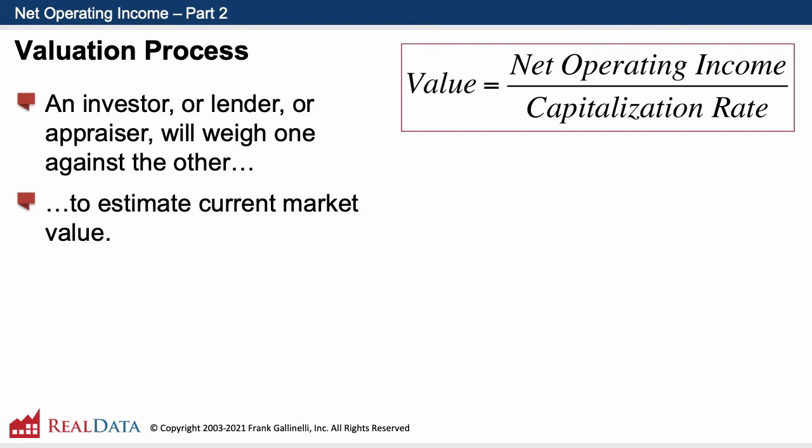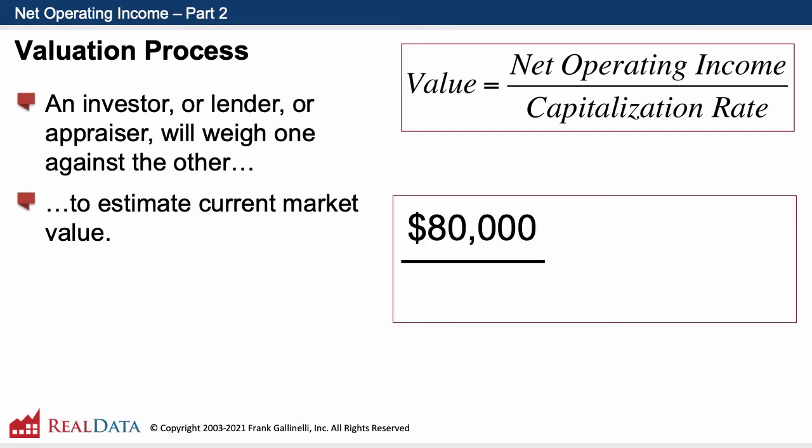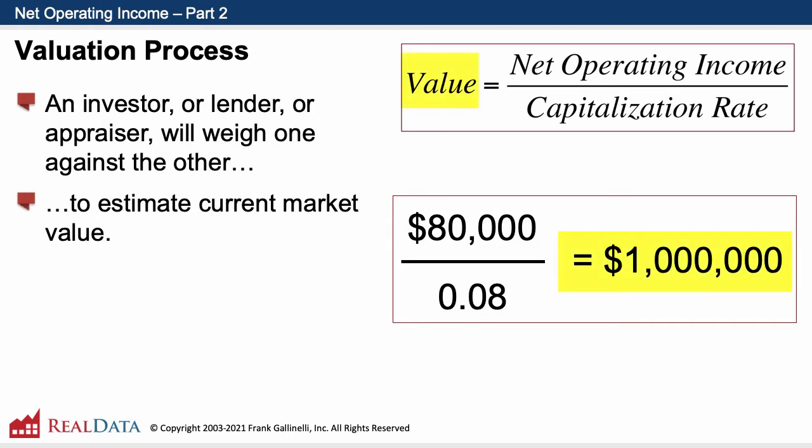So if the property we saw in our APOD form, the one with the NOI of $80,000, lived in a market where similar properties had sold at a cap rate of 8%, then this property would probably be appraised at $80,000 divided by 0.08, or $1 million. So we can see that NOI can be a pretty important metric when it comes to estimating value.